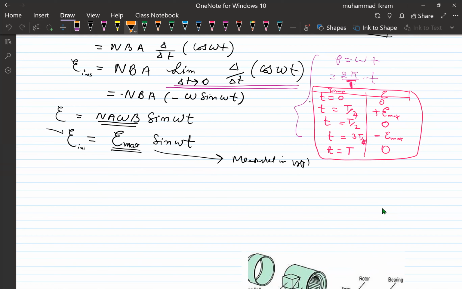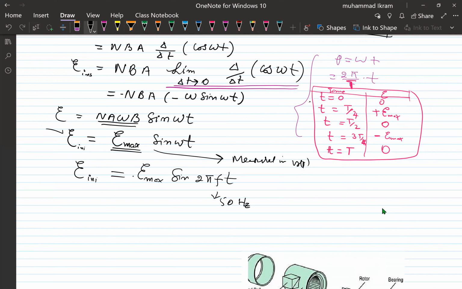When I write the instantaneous value for the induced EMF, it turns out to be E max sine 2 pi f t, where f is the frequency of the generator. Usually this frequency is from 50 to 55 hertz in our country, Pakistan, right?